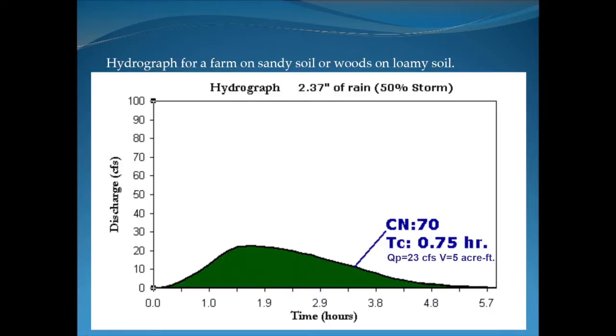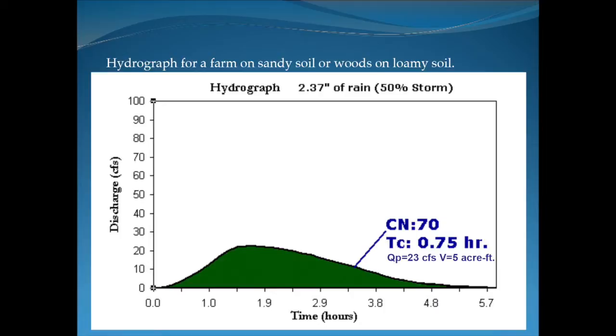On the site, that would have been a curve number of 70. The time of concentration for that natural condition is 0.75 hours, 3/4 of an hour. The flow for that condition is 23 CFS, and the volume is 5 acre feet.